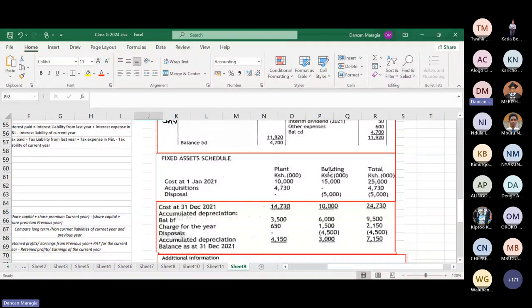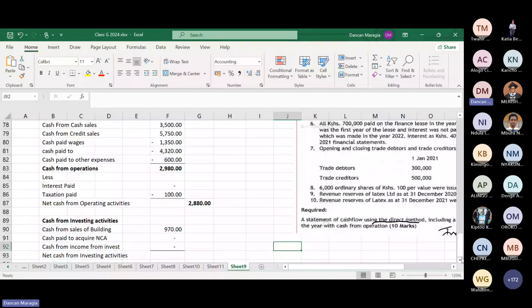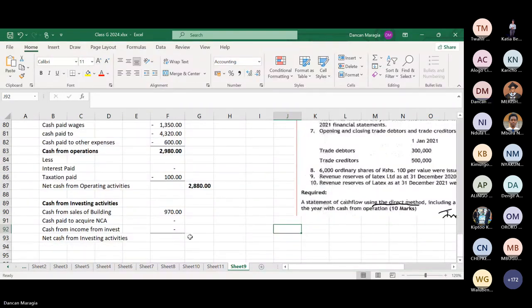Because in the direct method, you pick things direct from the cash book. Okay? That's fair. So when we come to the indirect method, that is when you'll see a lot of calculations here and there.